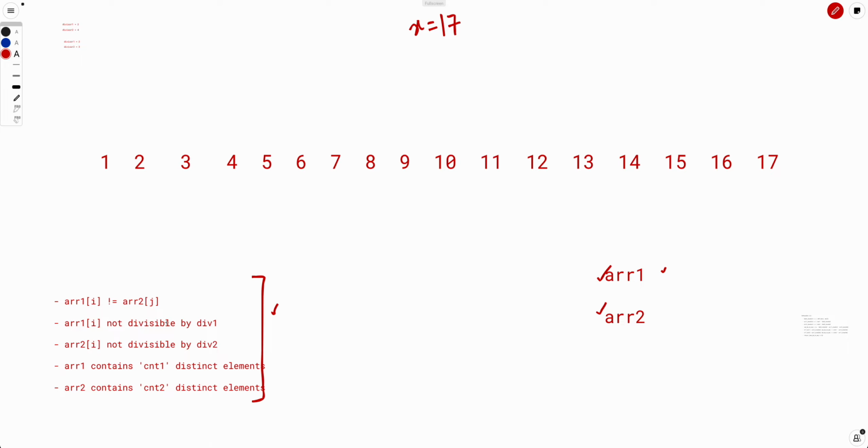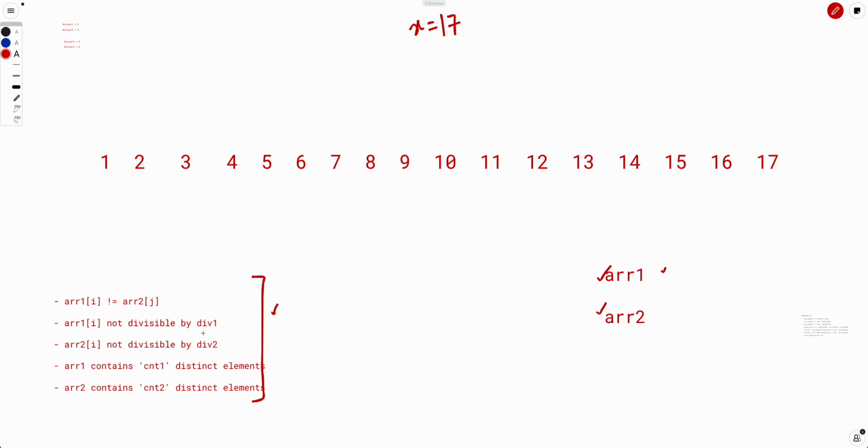Now first thing, what exactly are these conditions? This condition says that okay, any element of array 1 should not be equal to any element of array 2. So we need to fill both of them with distinct values. So that's okay. Now array 1 should not be divisible by divisor 1.